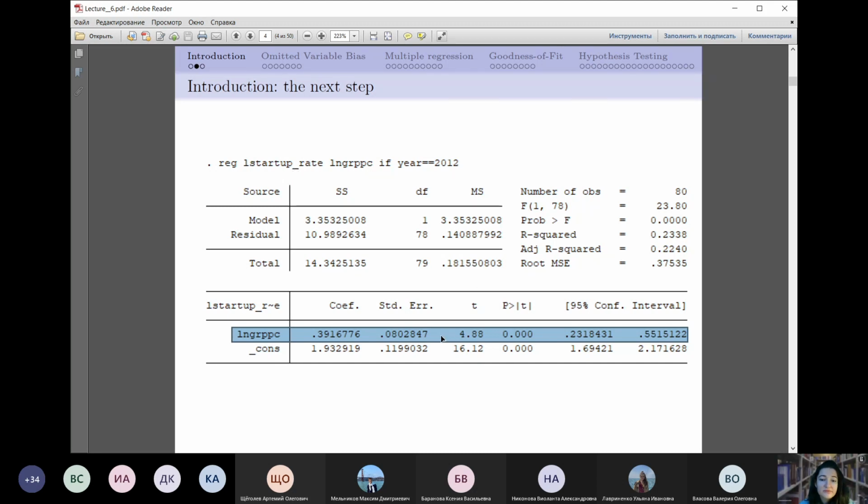You can see that this coefficient is statistically significant due to the p-value, confidence interval, and t-statistic. And also you can see that the relationship is significant and positive.